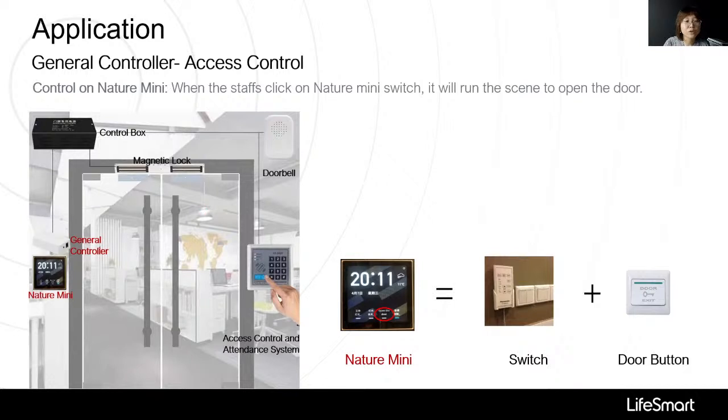Realize both control on the Nature Mini switch and LifeSmart app. So in this solution, Nature Mini is a switch and also can replace a lot of switches on the wall, and also can replace the door button for the access control system.